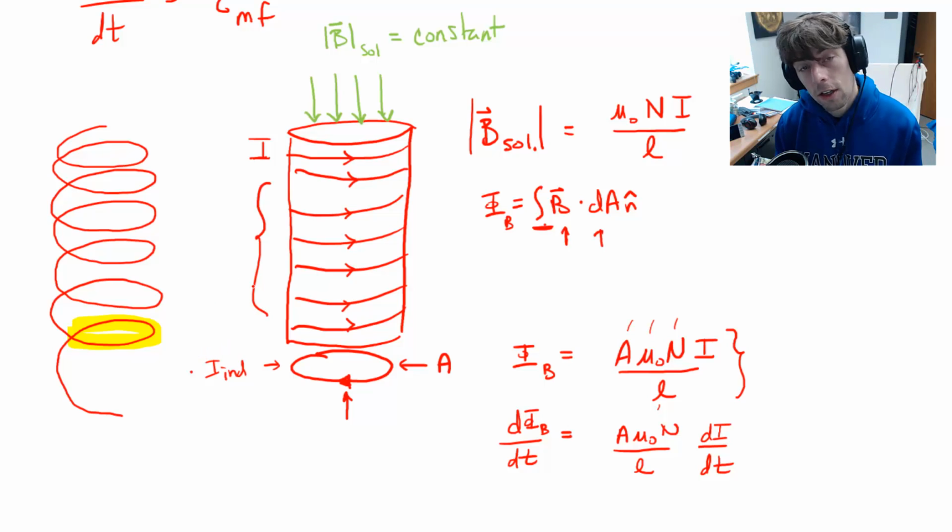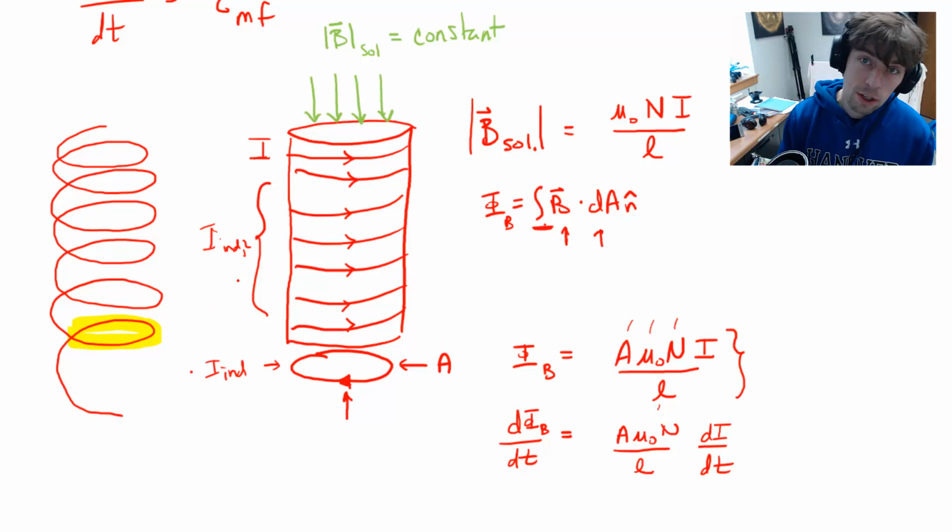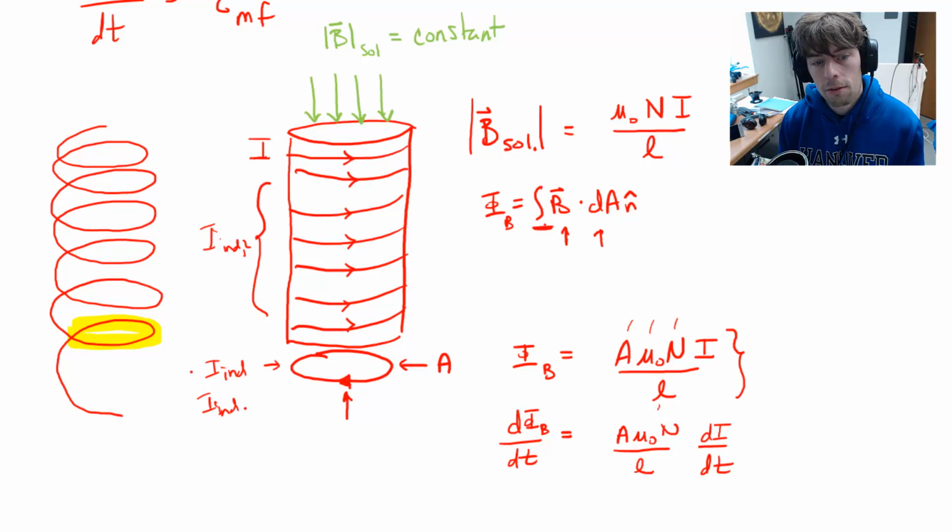Well, because of that changing flux through the original solenoid, there is a new induced current, which I'll call induced 2, which generates its own induced magnetic field 2, which then has a flux, then generates an induced current 3 through the bottom, and you kind of see it. It keeps going back and forth.